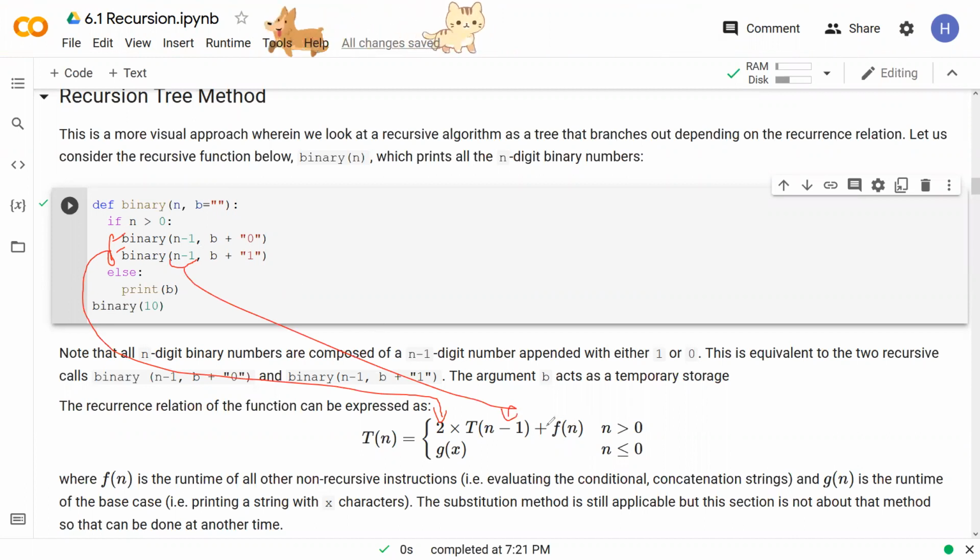So that just encapsulates or ang ating placeholder para dun sa time ng paggawa nitong addition na to and yung pag-compare and everything else. So actually, yung addition na to is probably linear time. Pero ayun, depending doon sa inyong Python version, baka magkakaiba. So for now, let's just say na f of n siya.